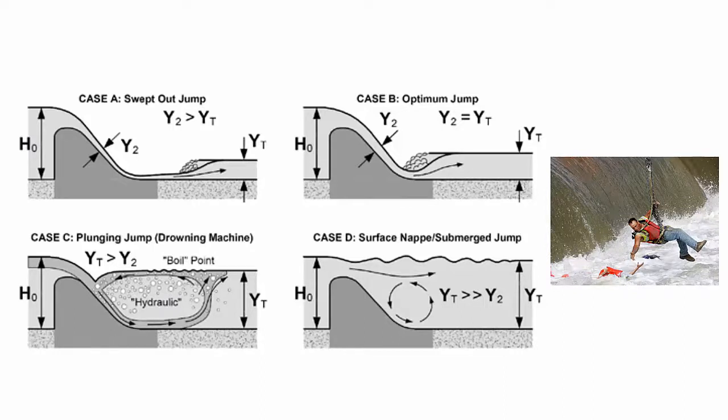This trapping zone will get dissipated when Yt gets much larger than Y2, as shown in case D, where the nappe gets completely submerged. You'll see all these phenomena in this experiment.